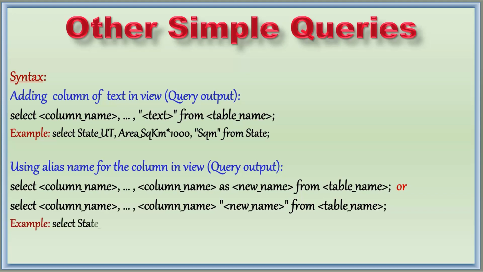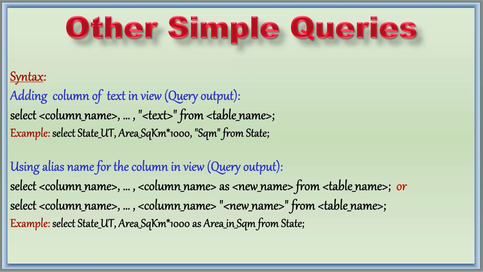Example is here: select state underscore ut, area square kilometer into 1000. If I give this, the column heading will be area square kilometer into 1000. I don't want to show that as it is. I want to change the field name there to area underscore in underscore SQM from state.